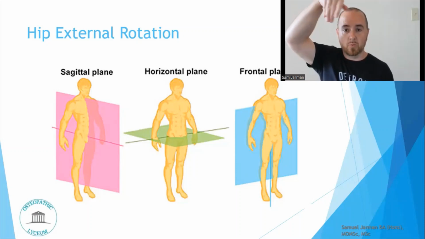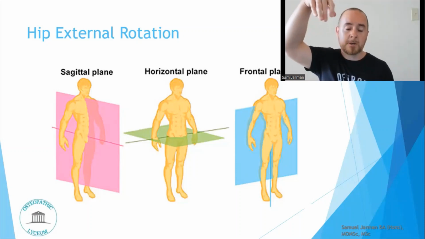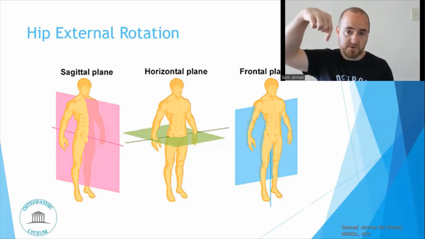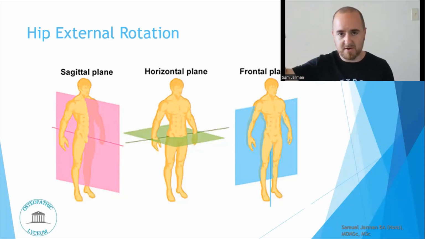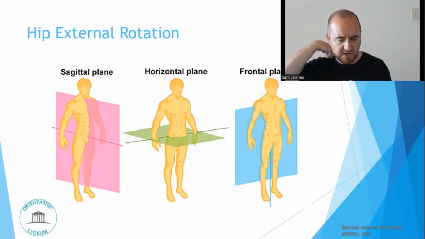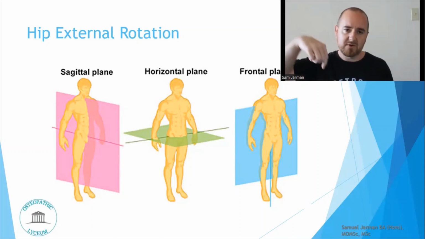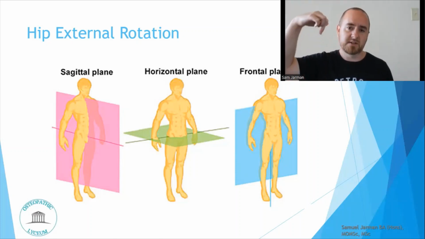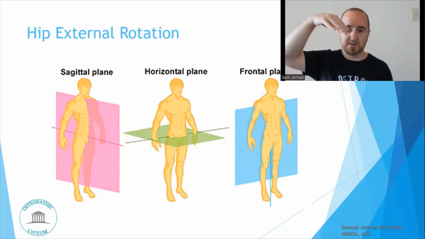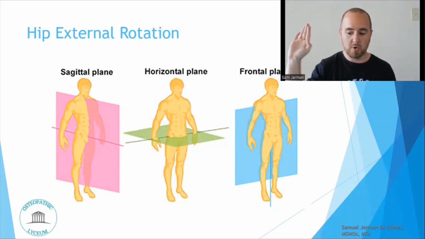So it's movement away from the midline of the body in the horizontal or transverse plane about a hypothetical vertical axis. The hip being a ball and socket joint, it is multiplanar and multi-axial. Therefore, there is no actual axis of rotation. It is dependent on the muscles themselves, but your hypothetical axis would be a vertical axis in the horizontal or transverse plane.